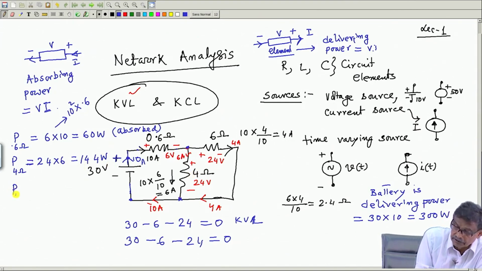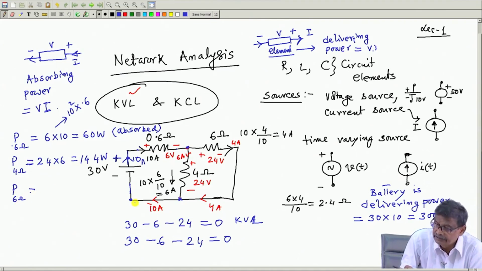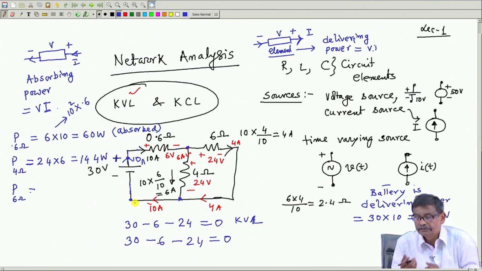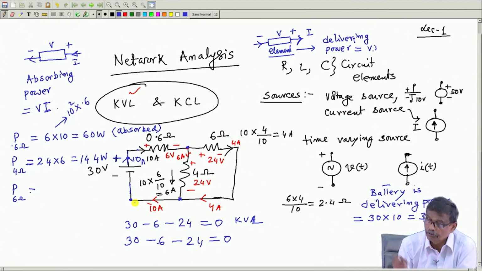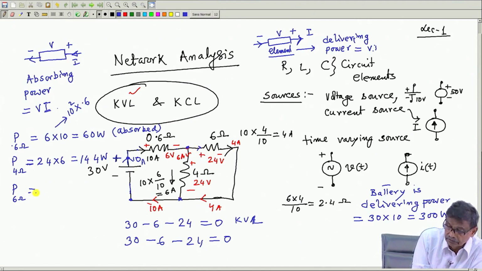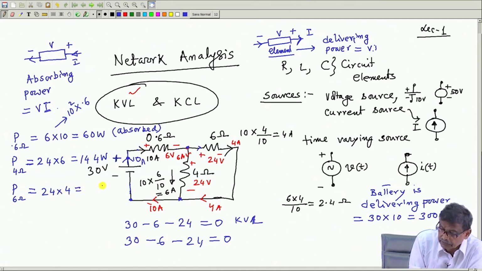And what about the power of this 6 ohm resistance? Does this 6 ohm deliver or absorb power? It absorbs power because the voltage across it is plus here, minus here, and current of 4 ampere is entering through this. Therefore, this also absorbs power, and the value of that power is this into 4, which is equal to 96 watt.